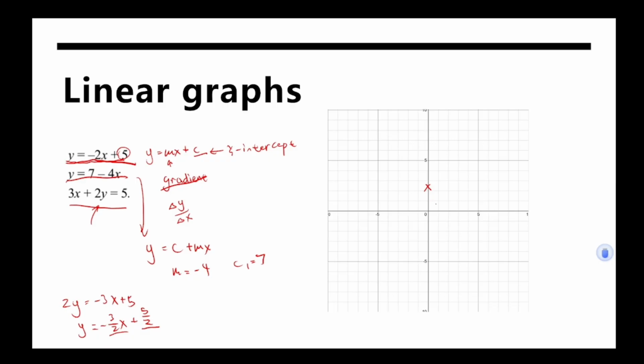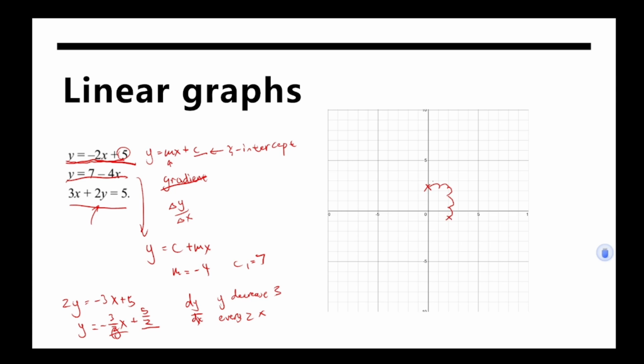And for every 2 x, remember, delta y over delta x. So for every 2 x, y goes down by 3. Y decreases by 3. So we go 1, 2 across, then y decreases 1, 2, 3 here.